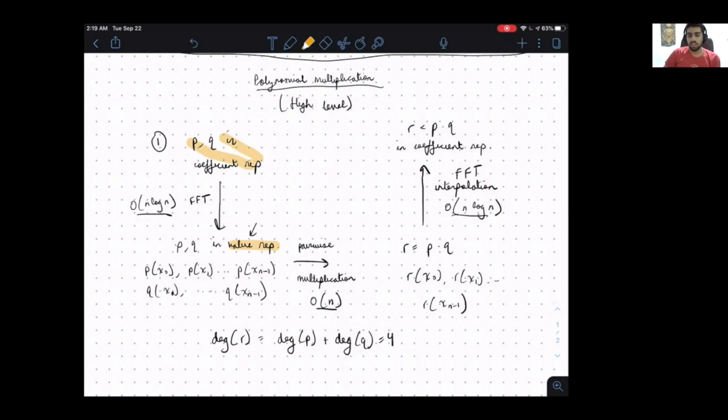So using that statement, we can show that given P and Q in coefficient representation and P and Q in value representation, we can convert one to the other as long as we have enough points.